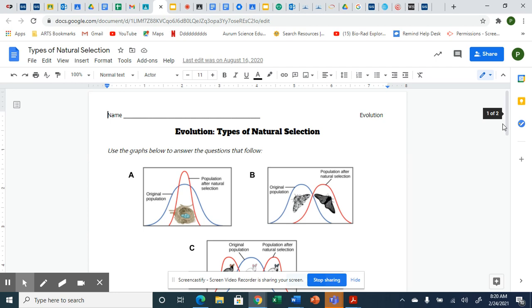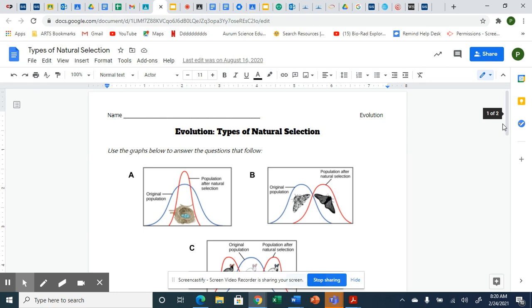Hundreds. But they don't all live to adulthood. Out of those hundreds, you maybe eventually end up with 10 frogs. That's it.